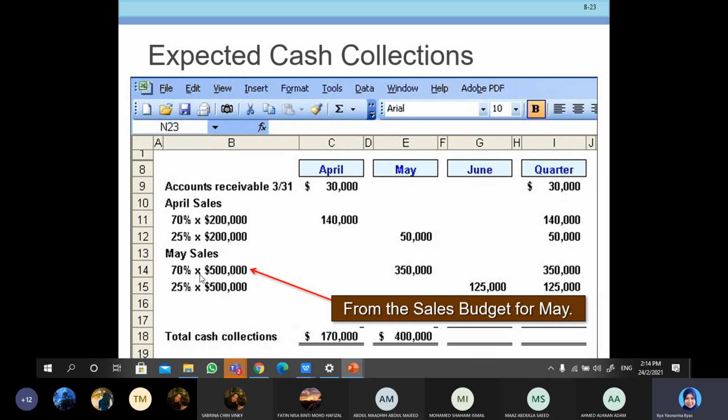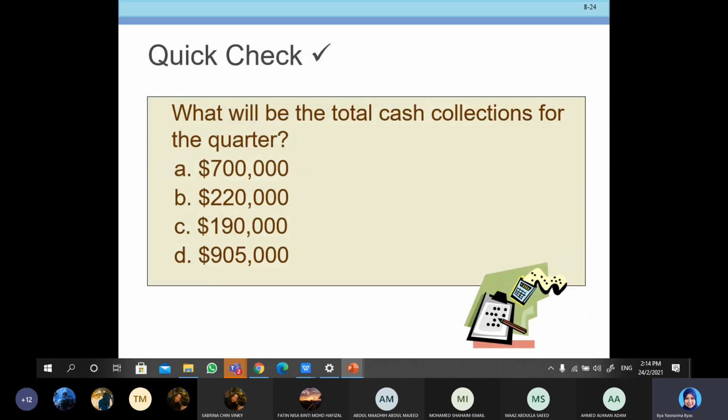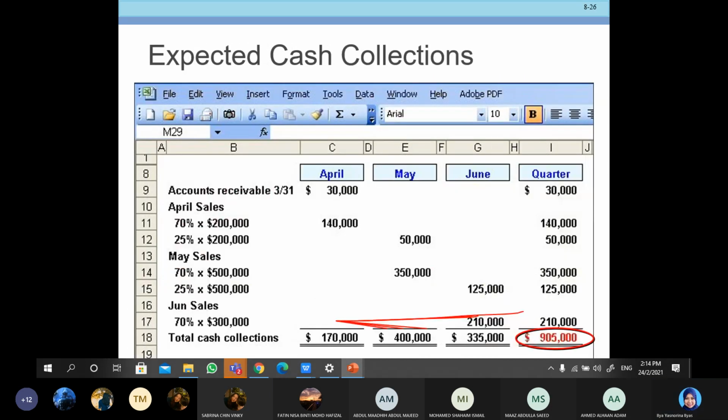How about June sales? In June, 70% is collected in that month, 210,000, but another 25% will be collected in July, which is another quarter.